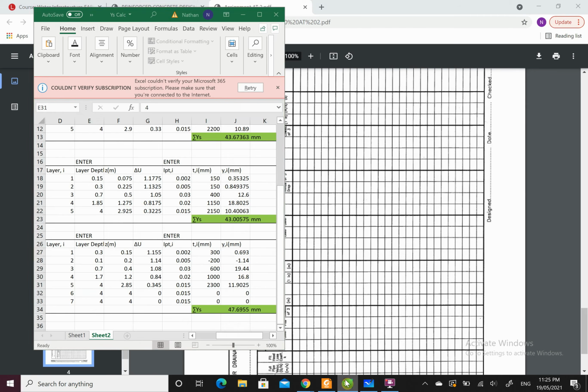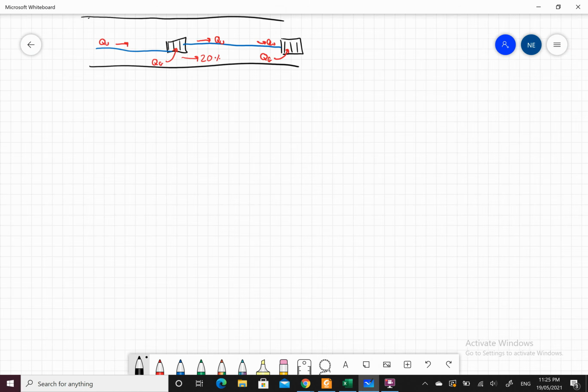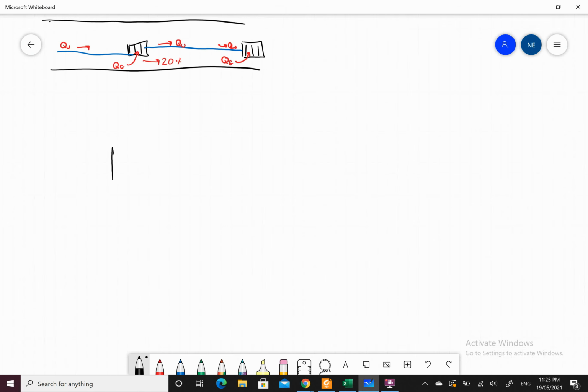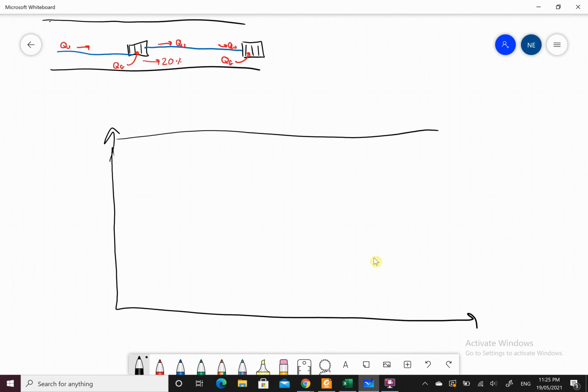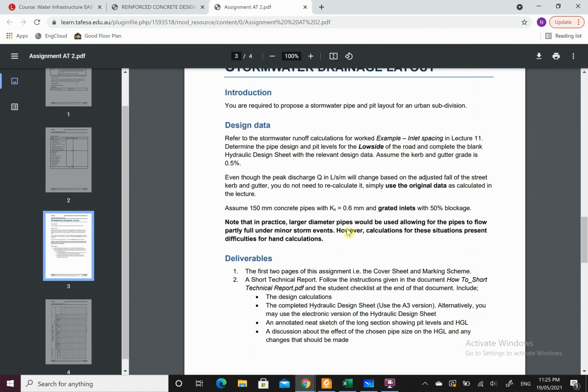Once you've done that, like I said, what you'll need to do is draw your sketch, which will be something like this. All right, you'll end up with a surface level. Remember your surface is sloping at 0.5%, going by our question or our assignment sheet.